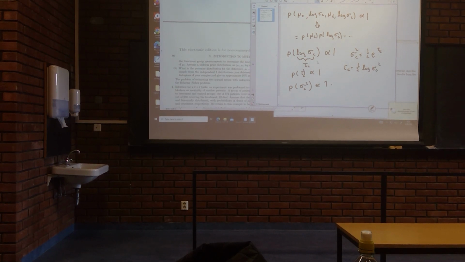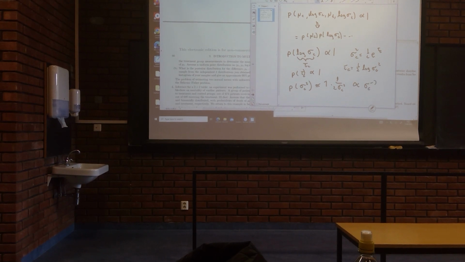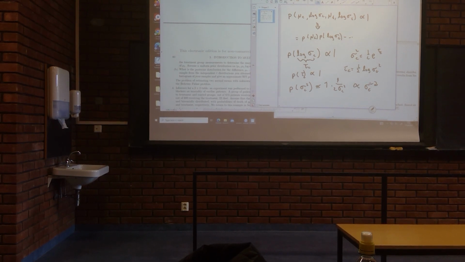And if I take the derivative of that, I get 1/2 times 1 over sigma c squared. And this is then proportional to sigma c to the power -2. So this means that when we assume a uniform prior on the log scale of the standard deviation, that corresponds to a prior 1/sigma squared on the original scale. So this is then the actual prior that we are using.